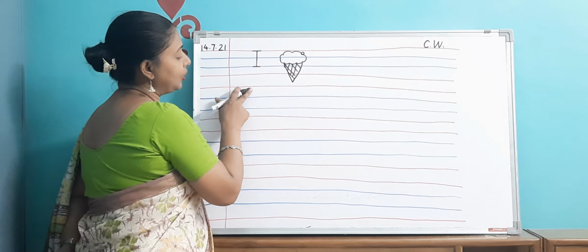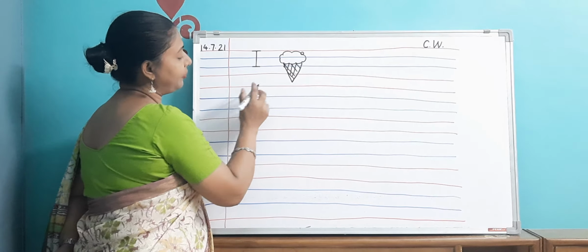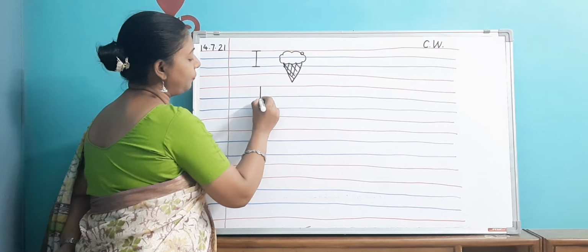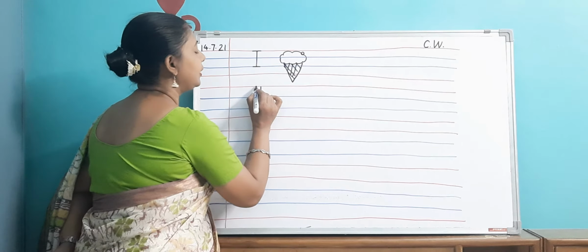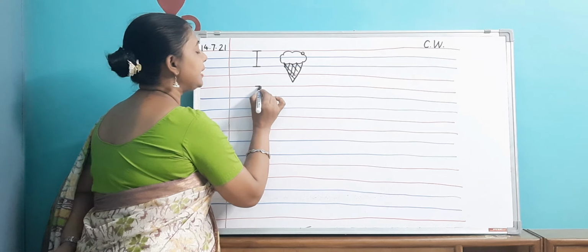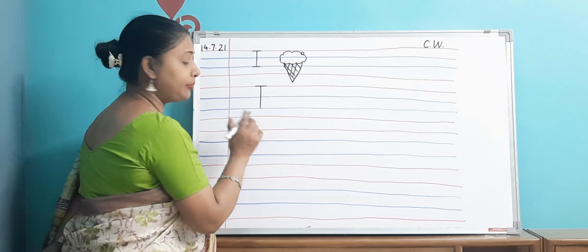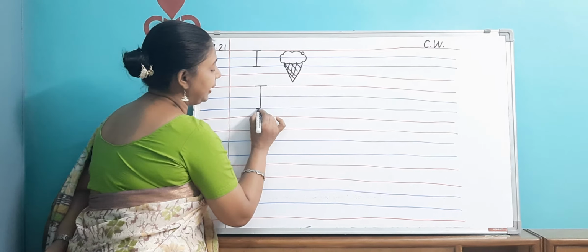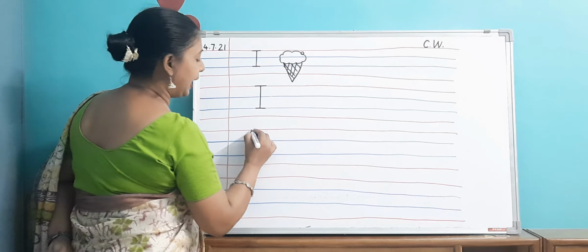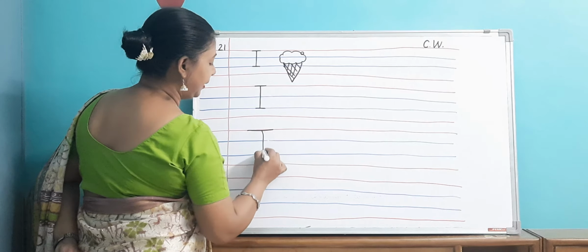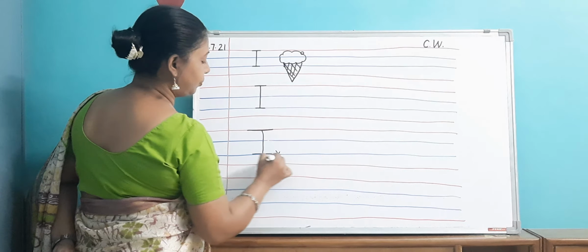Next, again come to the next line. Again from the first line till the third line, you will draw a standing line or a straight line like this. Then on the first line, draw a small sleeping line, and on the third line, draw a small sleeping line. You are not going to draw a big line like this. This is wrong.